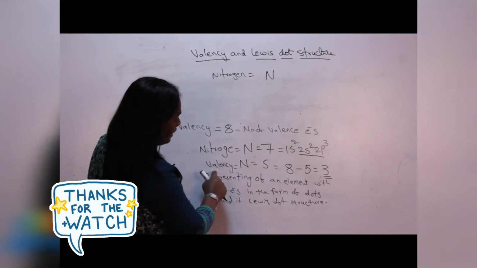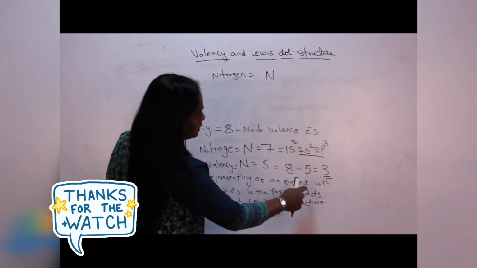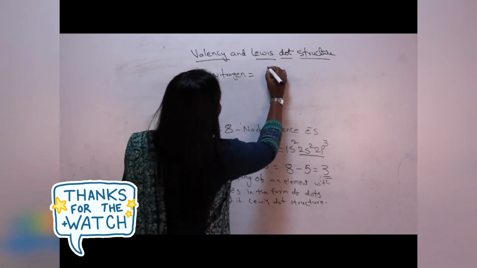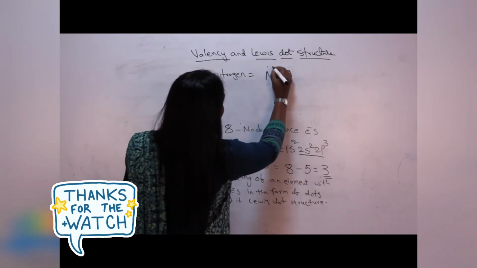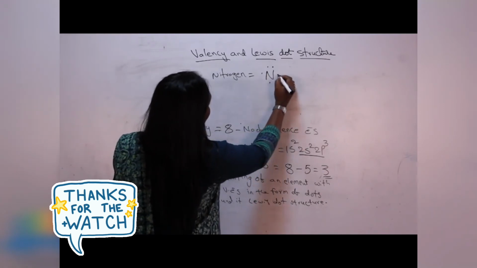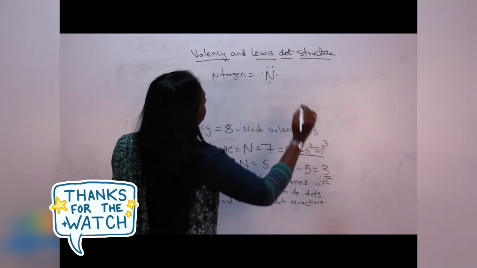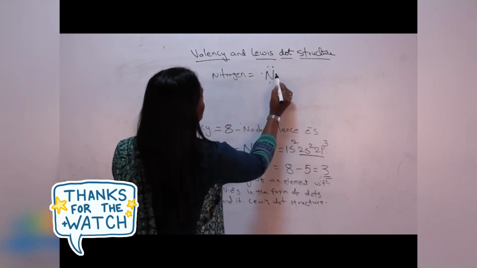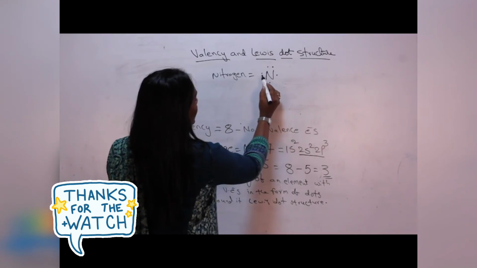Already we counted that valence electrons of nitrogen are totally 5. So represent those 5 electrons in the form of dots around this symbol. Now you count 1, 2, 3, 4, 5.